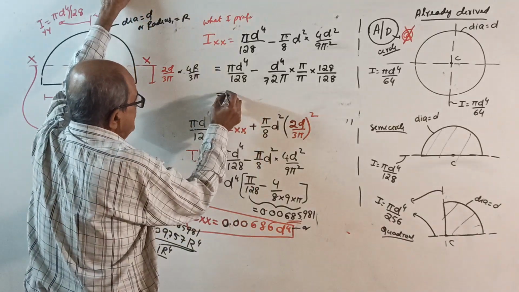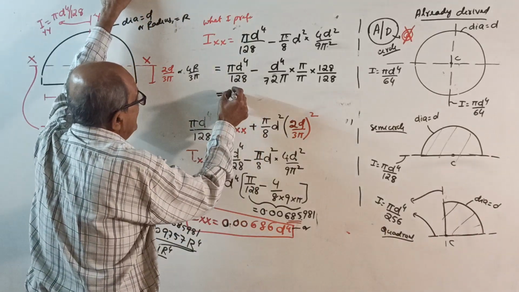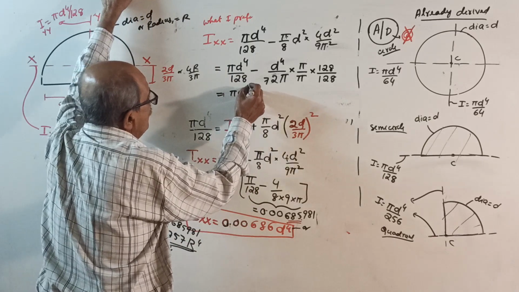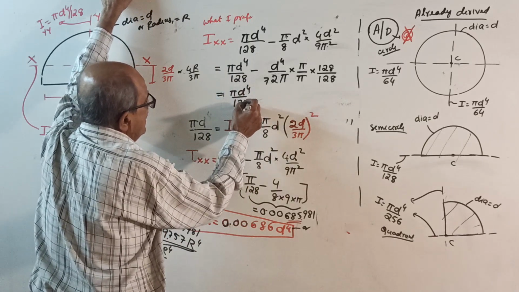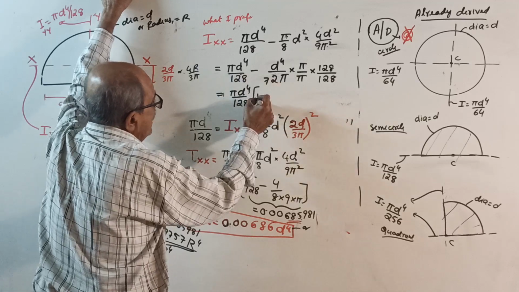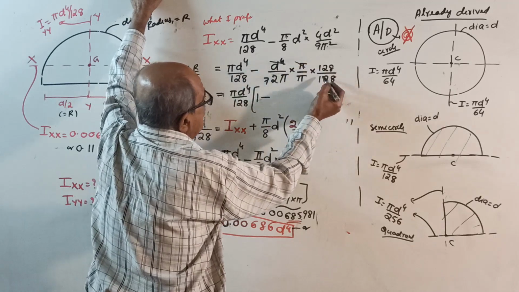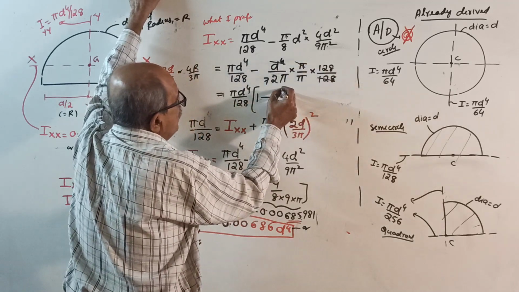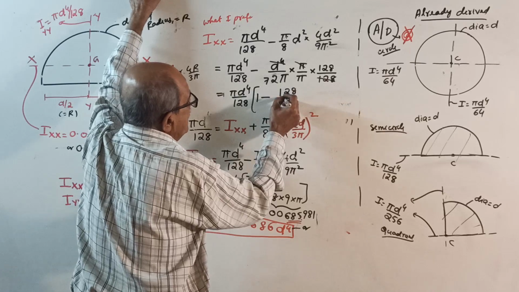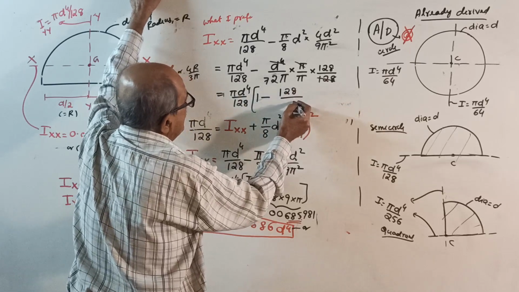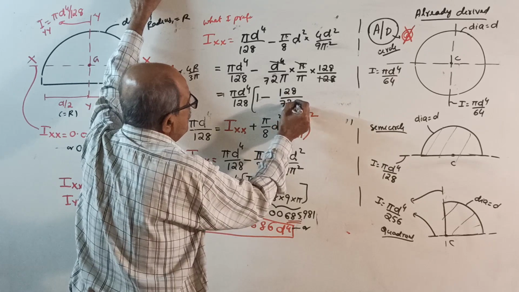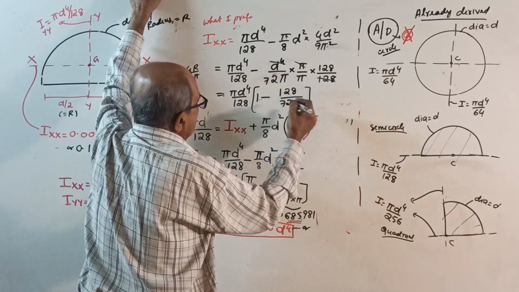This is for those who find difficulty. It will be pi d power 4 by 128 times 1 minus pi d power 4 by 128 outside times 128 by 72 pi square. Is it correct?